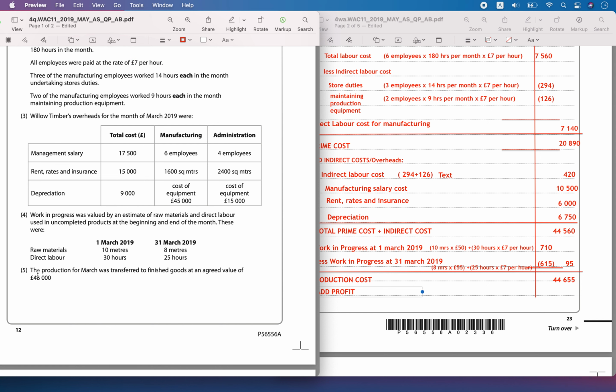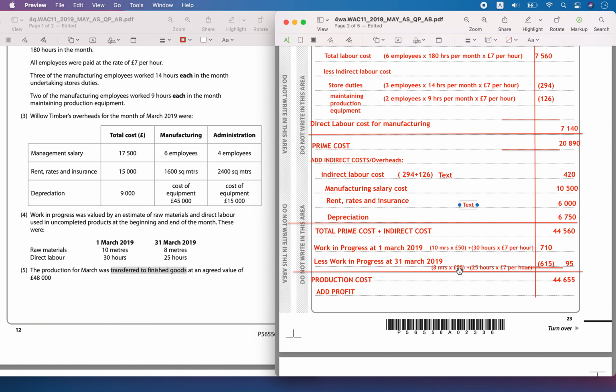Okay, there is no mention of profit, but the information says the production for March was transferred to finished goods at an agreed value of 48,000 pounds. So transfer to finished goods is given. When I add the production cost and the profit, I should be getting the transfer to finished goods.